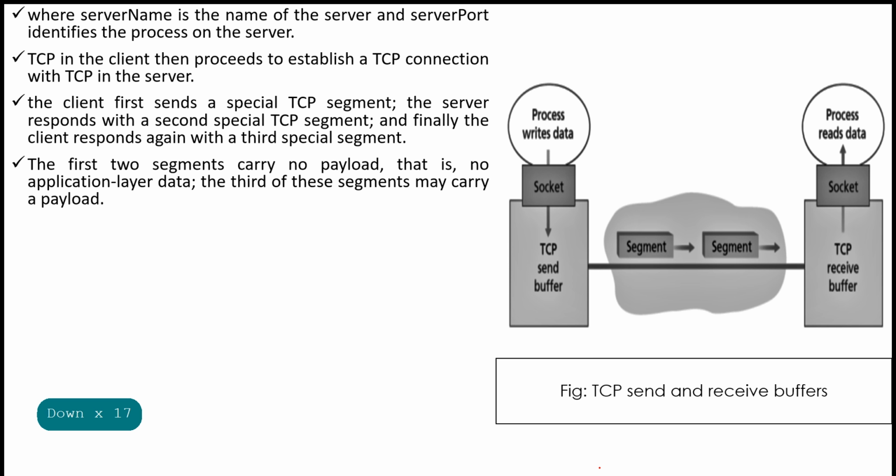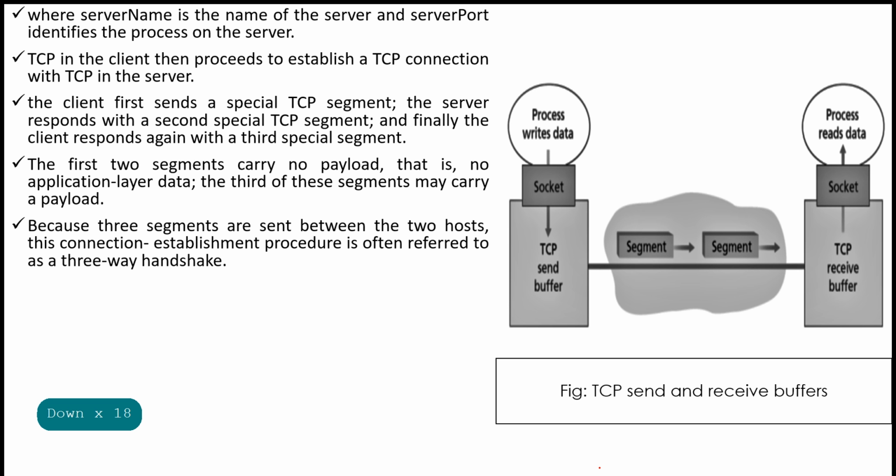The third of these segments may carry a payload. Because three segments are sent between the two hosts, this connection establishment procedure is often referred to as a three-way handshake.